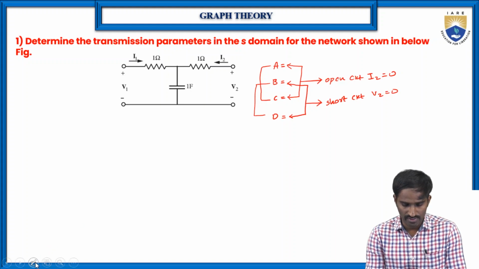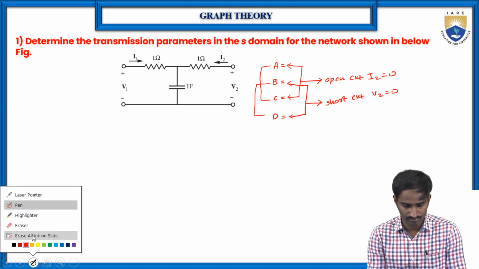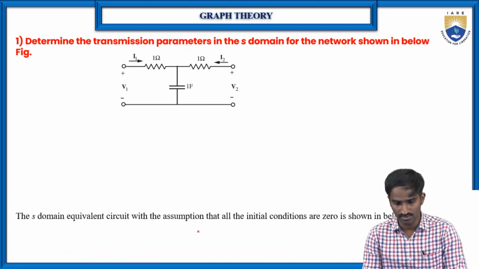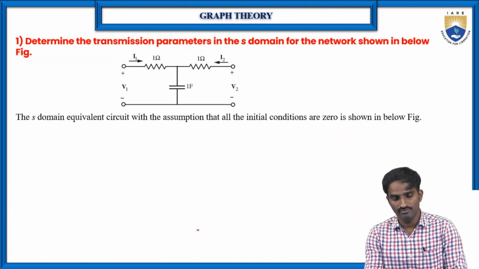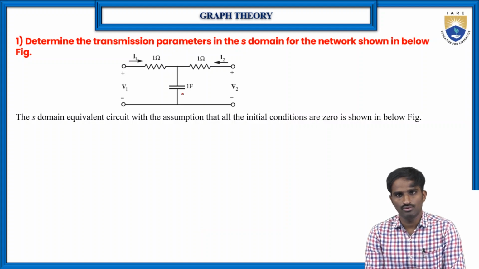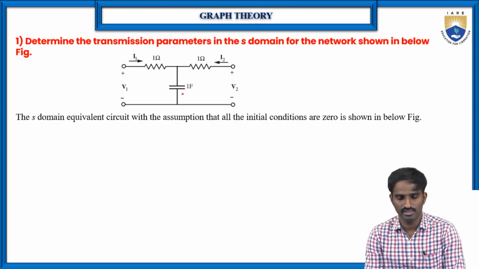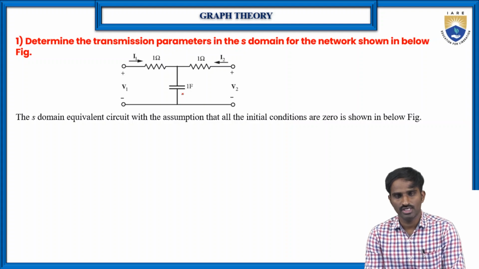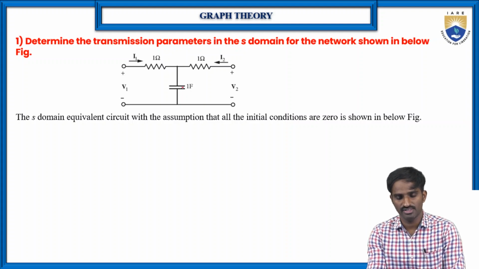So first, to find this, we convert the circuit, because here a 1 F capacitor is there. The parameters are already defined in the S domain, so we convert all the other elements into the S domain.